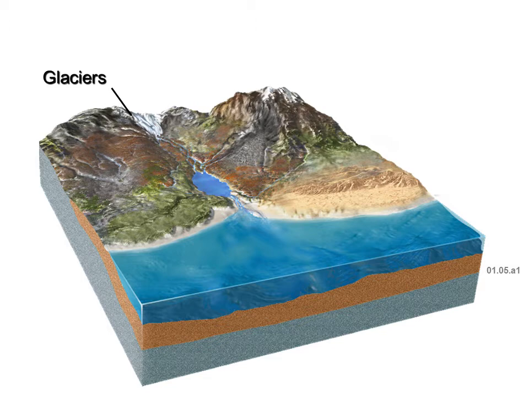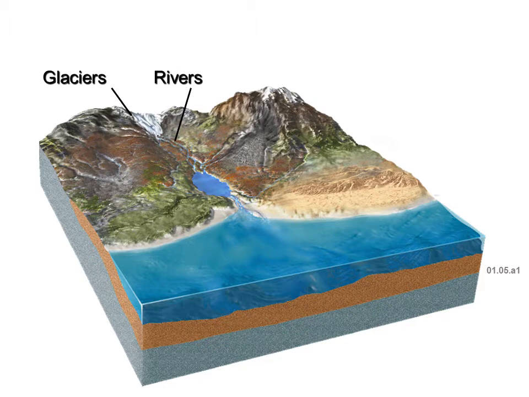They can carry all different sizes, but they are such huge things moving along. They crush whatever they're moving over, and so it ends up creating sort of a powdered material along with it, as well as dropping great big boulders and rocks of all different sizes.